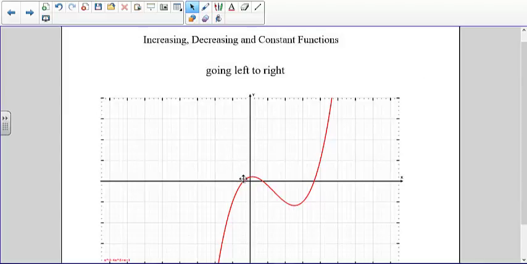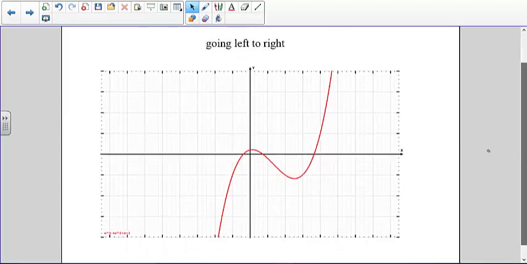If we look at this third order polynomial, you can see there are 3 values of x where the function equals 0. There's one value of y where the function crosses the y-axis, and that is called the y-intercept.